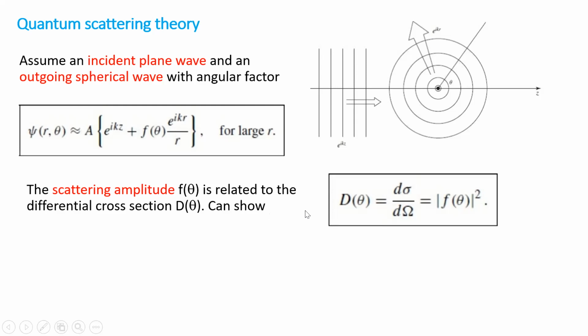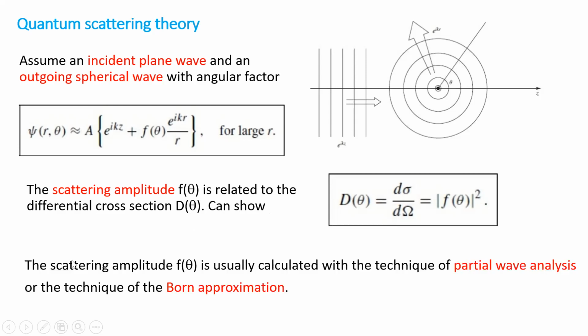We can show, we won't go through all the arguments here, that D of theta, the differential cross-section, is just the square modulus of the scattering amplitude. So if we can find the scattering amplitude by solving the quantum problem, we immediately have the differential cross-section that's predicted in experiment.